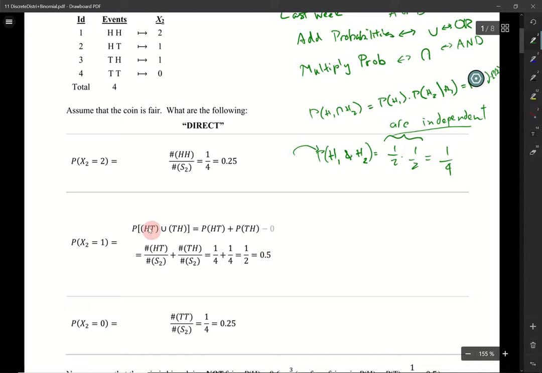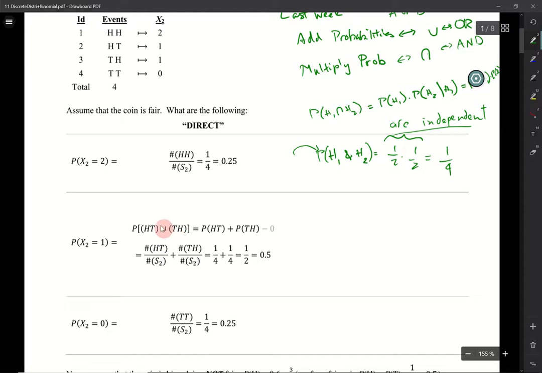And notice that we can think about it following this way. There really is one way to have heads first followed by tails, and that's a probability of a quarter. And there's only one way to have tails first and heads second, and that has probability of 1/4. And we're talking about the ways to get one head is either this case or that case.